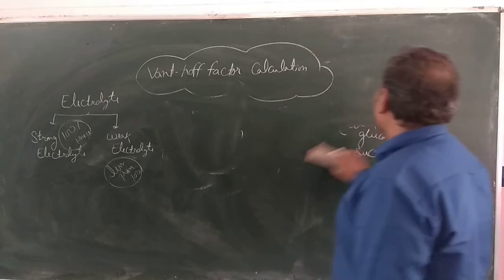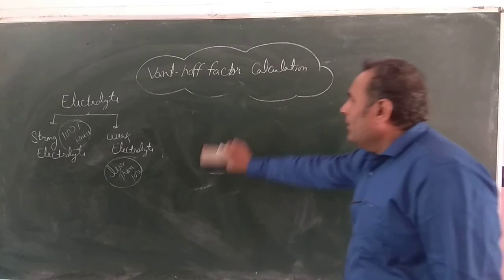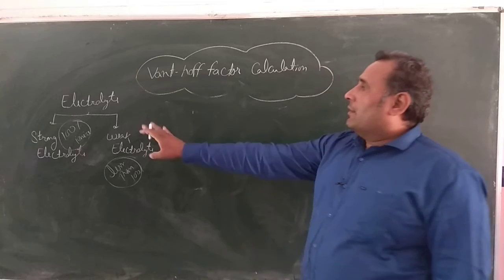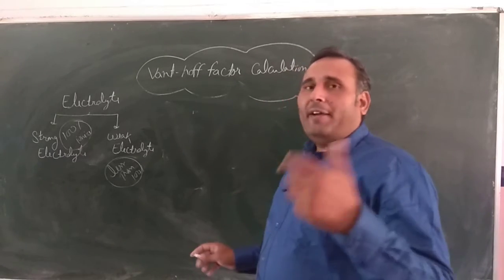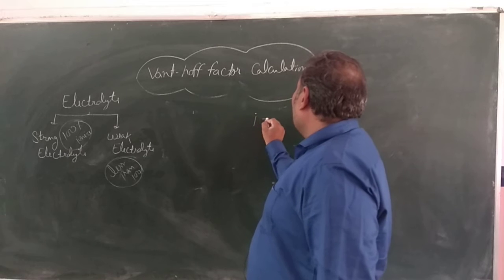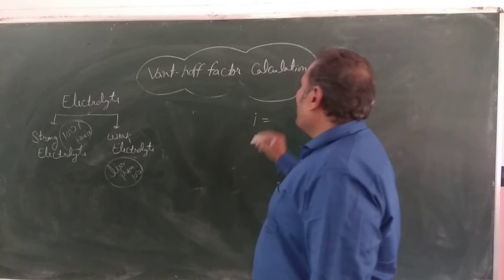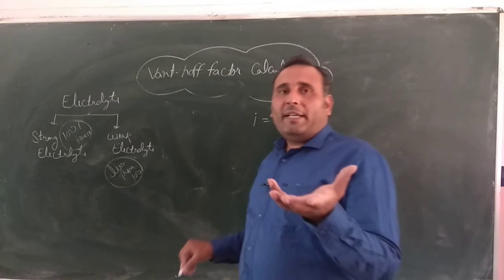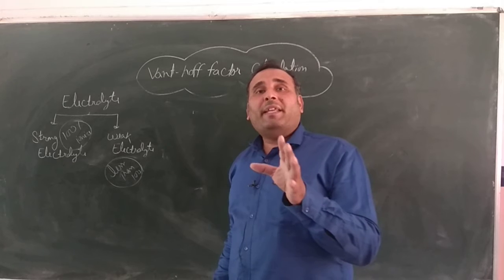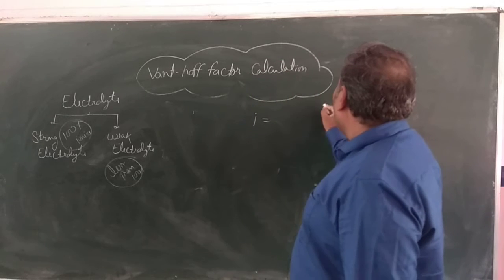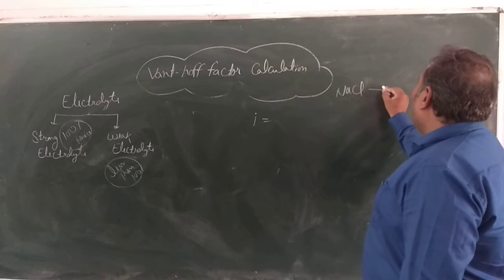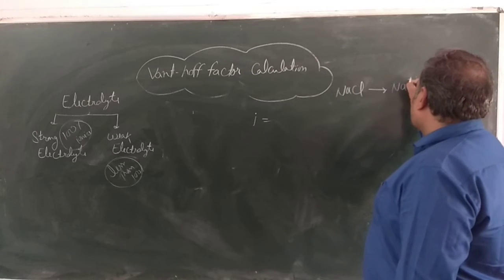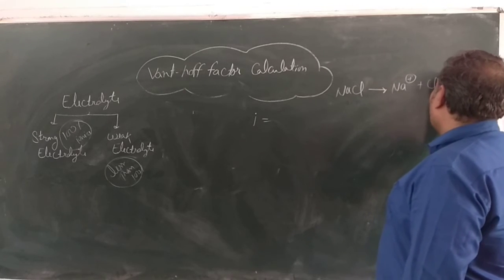It's very simple. We can find out the Vant factor for strong electrolyte with a very simple trick. You have to observe into how many particles the strong electrolyte is ionized. For example, NaCl always ionizes into Na plus and Cl minus.